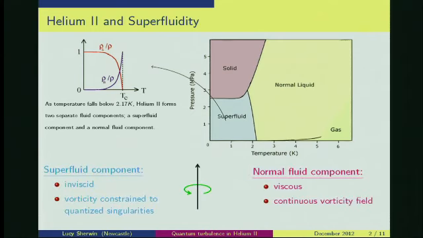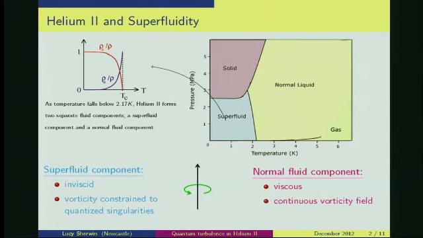Now I'm just going to highlight a few key differences between normal fluid and a superfluid. A superfluid is inviscid, and its vorticity is constrained to lie on these quantized singularities. The illustration in the middle is a representation of one of these quantized singularities, or a vortex as we call them.